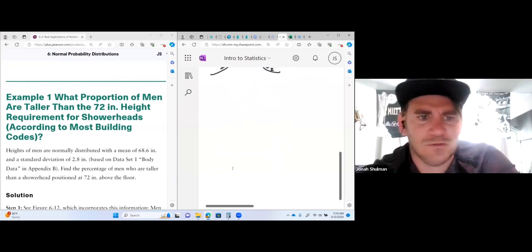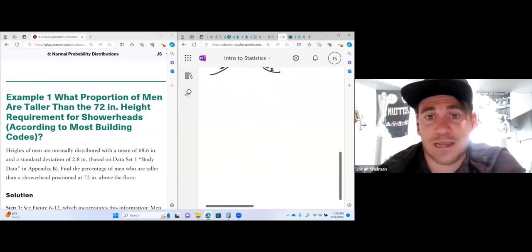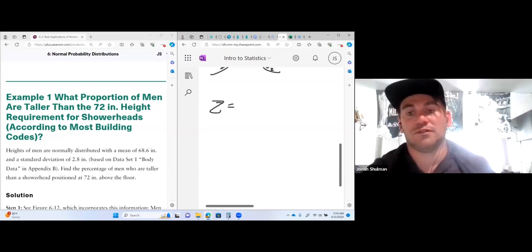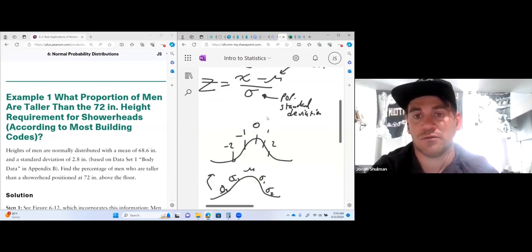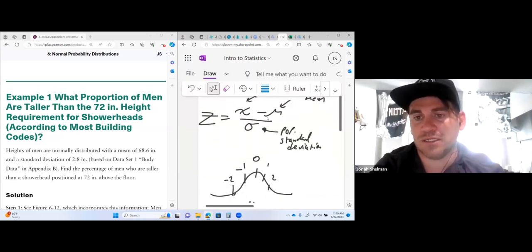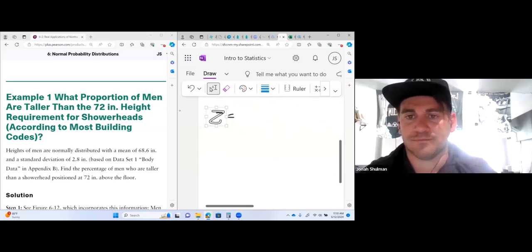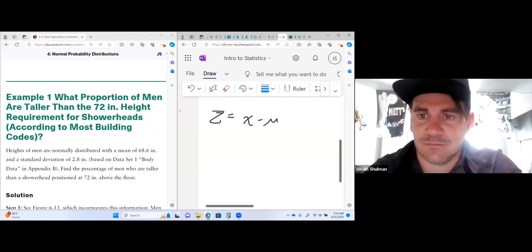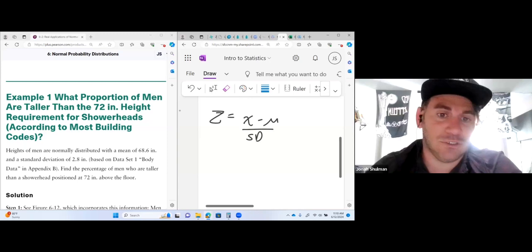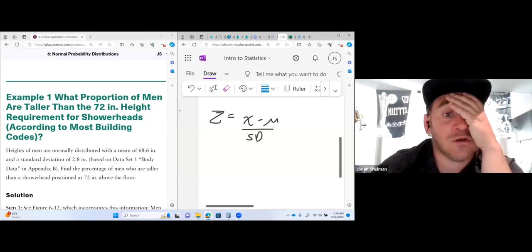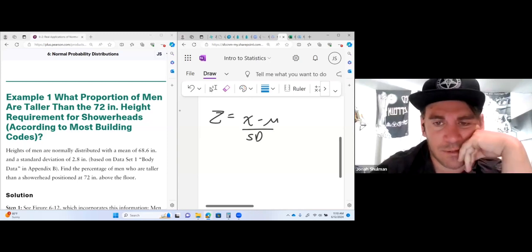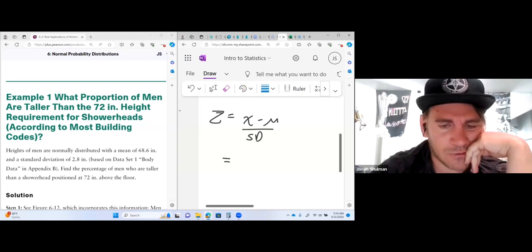So, sorry, I want to just show you how to do it. The first thing I would do is make my z-score. That's the first thing I'm going to do. First thing I'm doing here is making a z-score, which we know is x minus mean over standard deviation. So we have the mean. We want to know everybody who's taller than this.